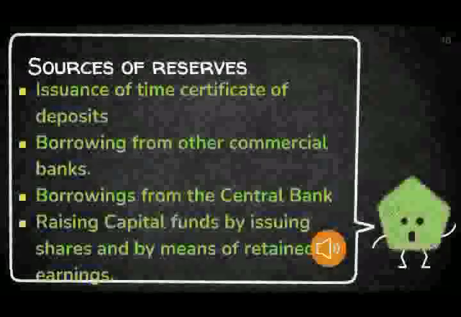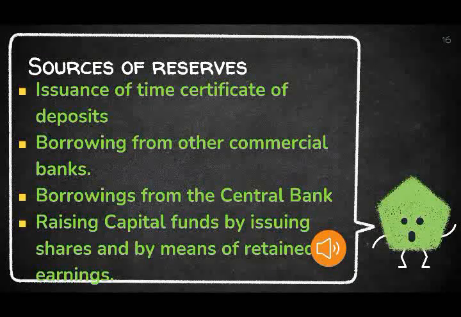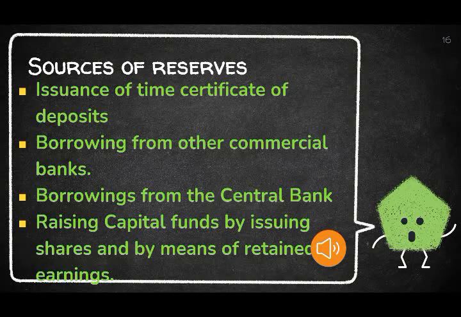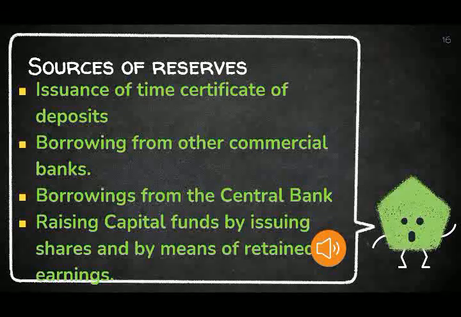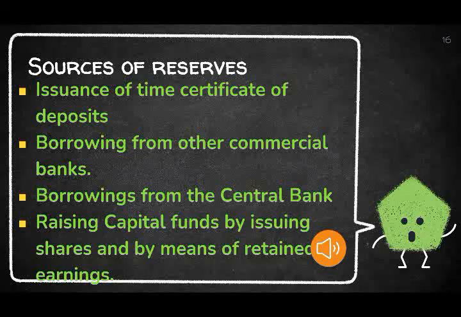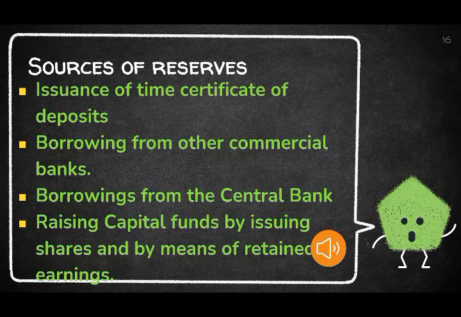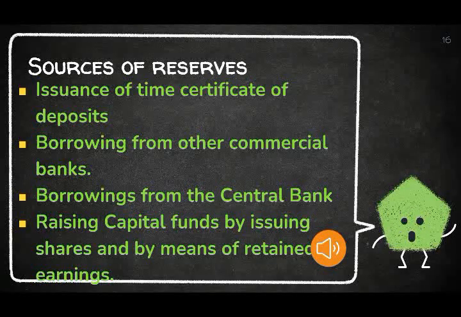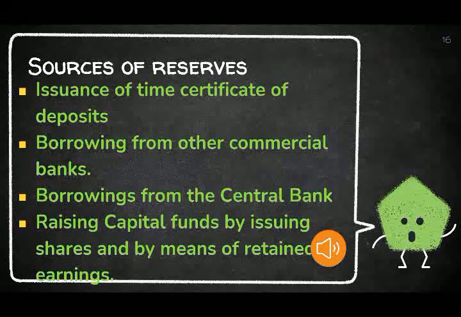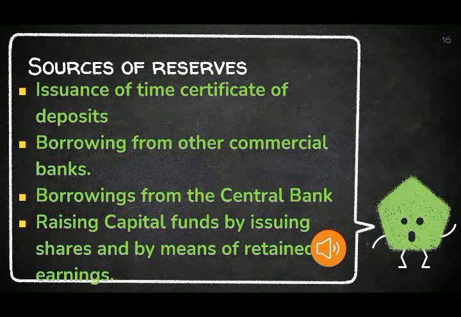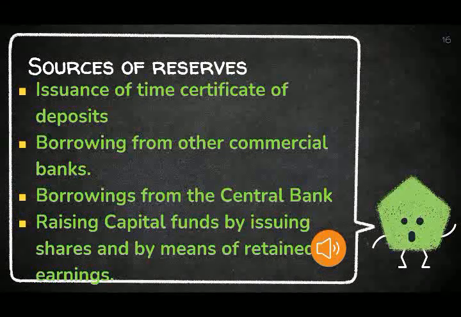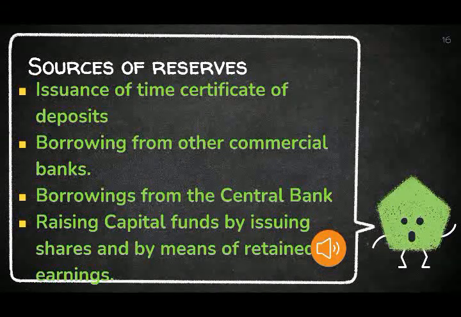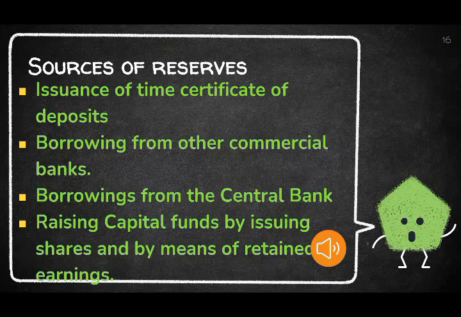According to the liability management view, an individual bank may acquire reserves from different sources by creating additional liabilities against itself. These sources include but are not limited to: first, the issuance of time certificates of deposit; borrowing from other commercial banks; borrowings from the central bank; and raising capital funds by issuing shares and by means of retained earnings.